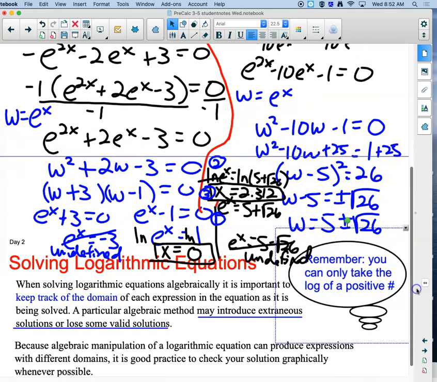So over the last 2 days, we have really hit that first objective hard, which was solving exponential equations algebraically and graphically. Haven't done a lot of graphically yet. Most of this has been solving this algebraically.